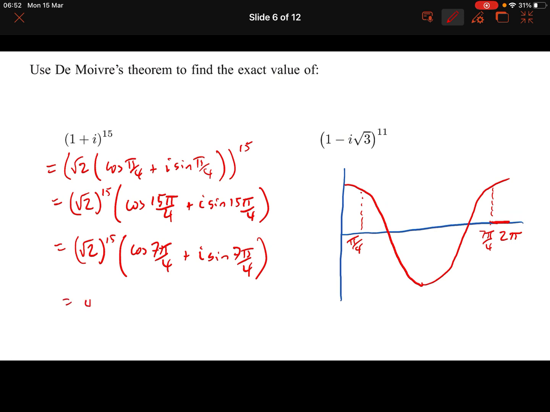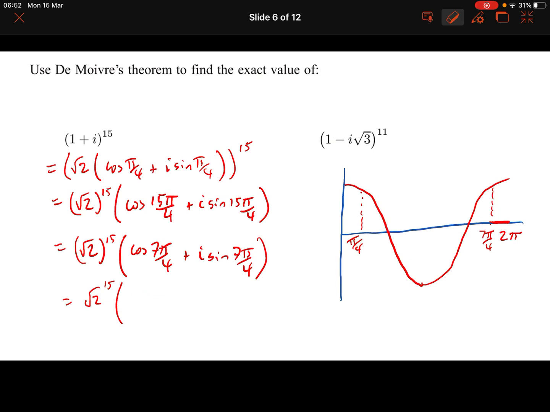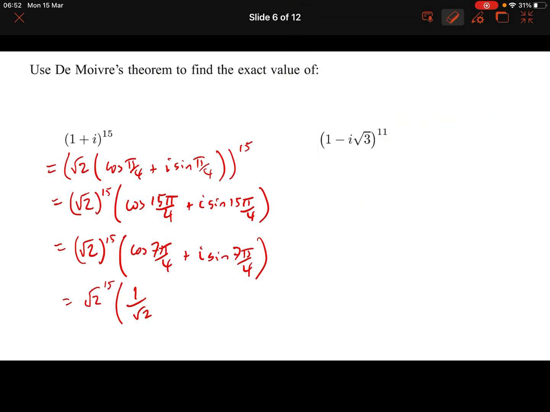So that's going to be root 2 to the power of 15, and the cosine of pi over 4 is root 2 over 2. Do you know what I'm going to do? I'm going to rewrite this as 1 over root 2. Maybe you'll see why that will be helpful, rather than writing it in the rationalised form, root 2 over 2. Let's just quickly assess the sine one.